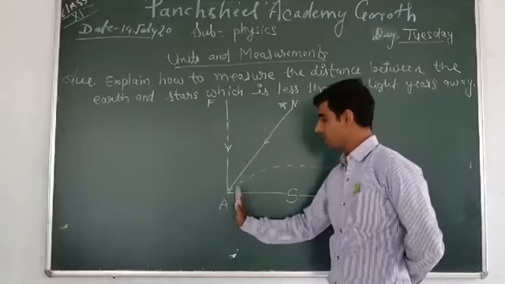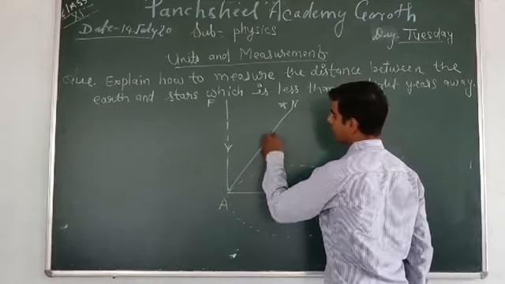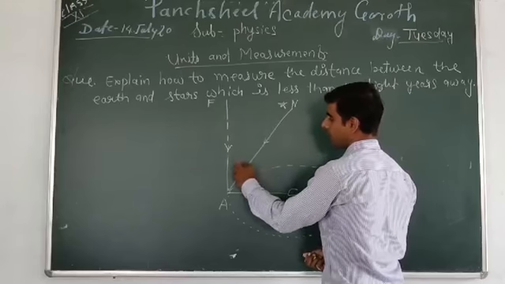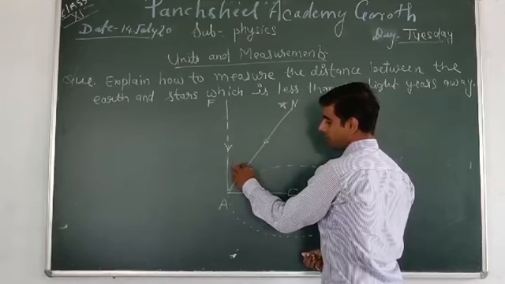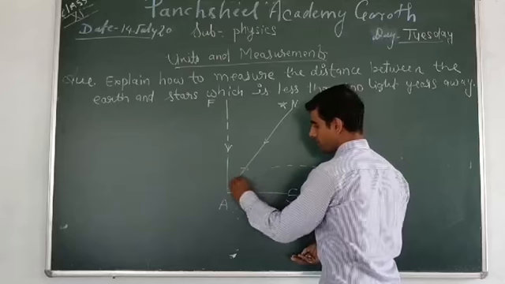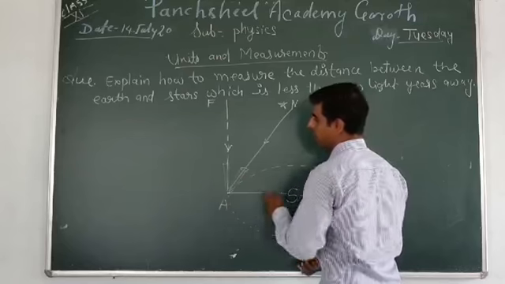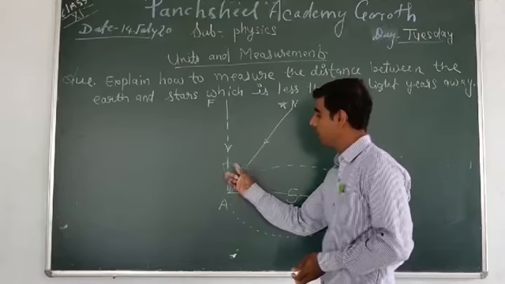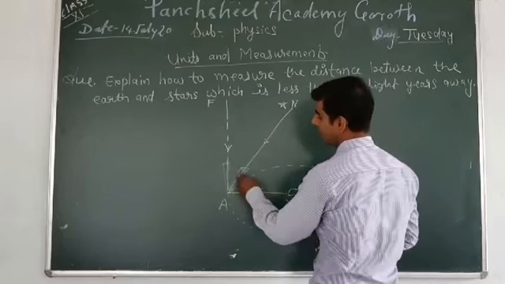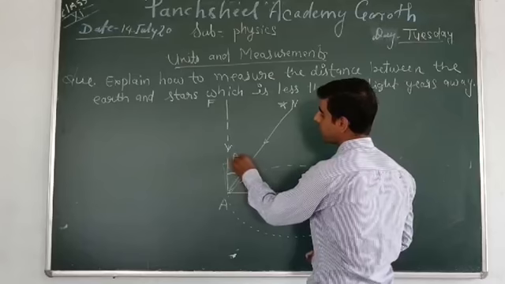First I put the telescope at this position, on this star, and after some time I remove the telescope from this position and put it here. So there is an angle. Suppose I take this angle as theta 1.